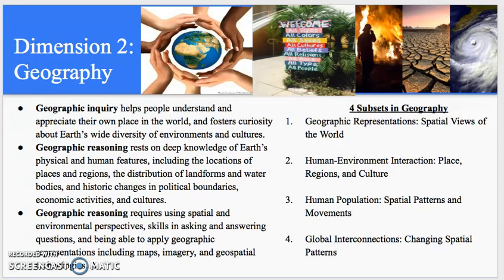All right, the next subset is geography. When we're teaching geography, we want our students to be aware of their surroundings, not just locally, but within the state and also within the United States and globally. So by doing so, there are 4 subsets in geography. The first one is geography, representation, spatial views of the world.